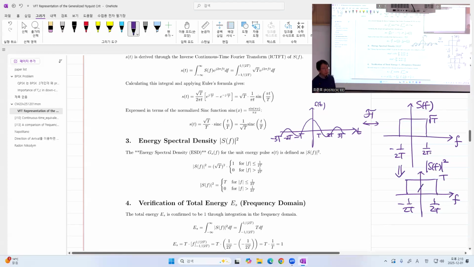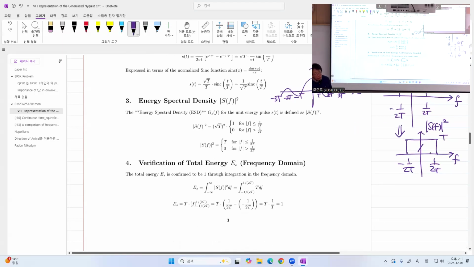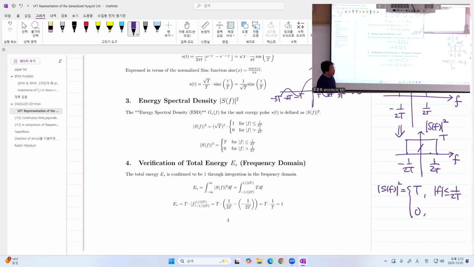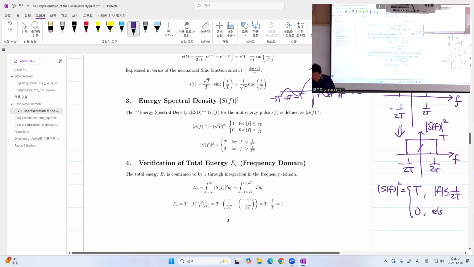Got it? So if we write it using our algebraic form, then we have the energy spectrum equals capital T inside the Nyquist zone and 0 elsewhere.